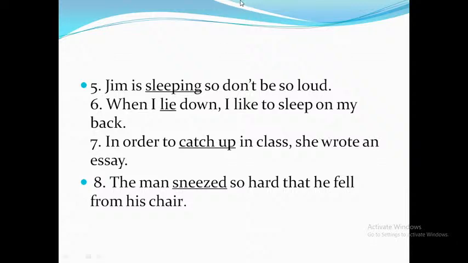Got it? See, Jim is sleeping, so don't be so loud. This is intransitive. Sixth, intransitive: when I lie down, I like to sleep on my back. In order to catch up in class, she wrote an essay: transitive. The man sneezed so hard that he fell from his car: this is an intransitive verb. Okay? Very good.